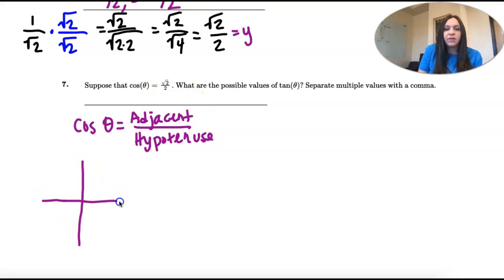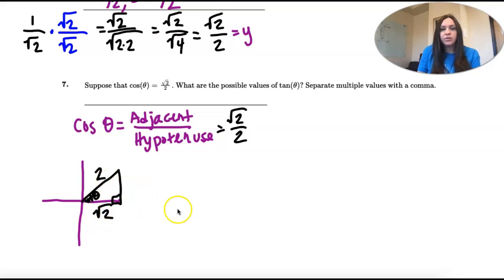Say we have all the way around, here's our angle, cosine, we have a triangle. Here's angle theta. We still have the adjacent side as square root of 2, and the hypotenuse is 2. So just remember that these values are actual measurements in a triangle, which can be in a circle.